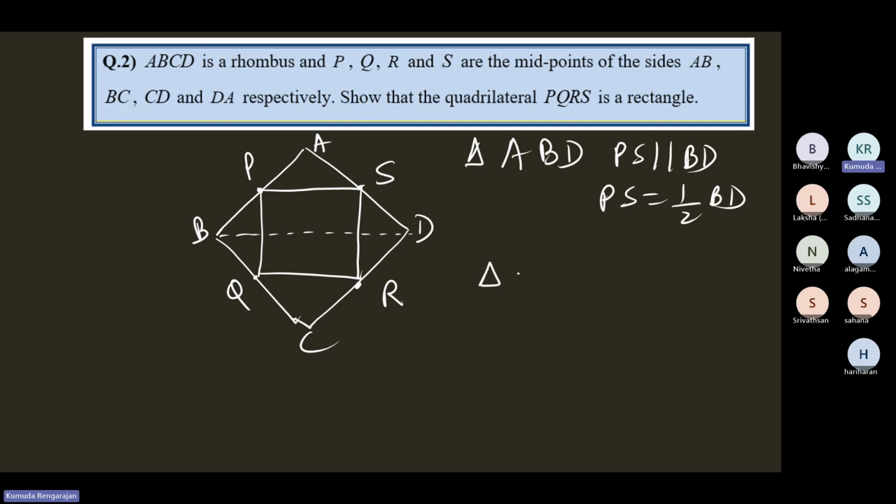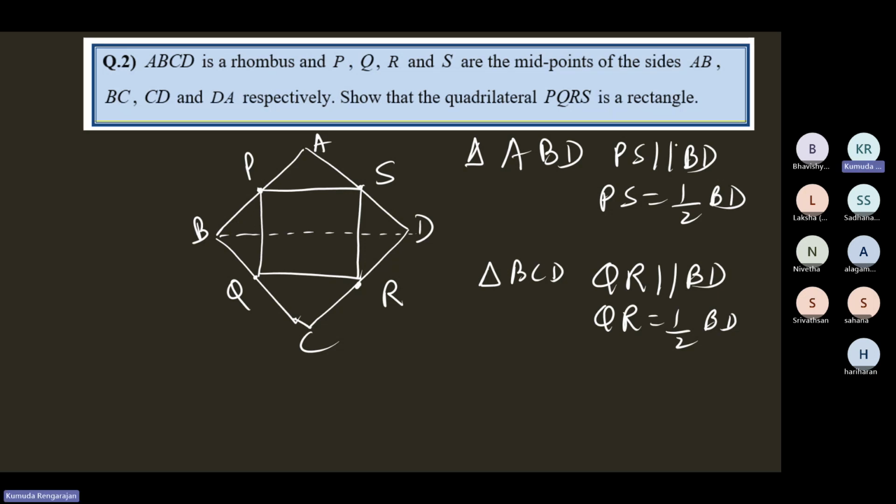Similarly, in triangle BCD, Q is the midpoint of BC and R is the midpoint of CD. Therefore QR, the line segment joining the midpoints, is parallel to the third side BD and equal to half the length of BD.